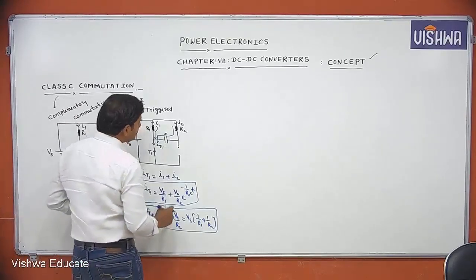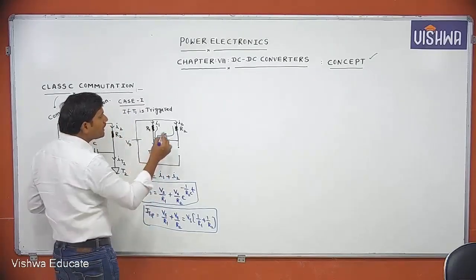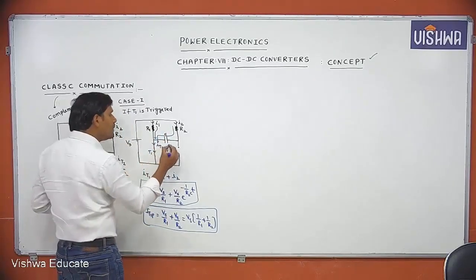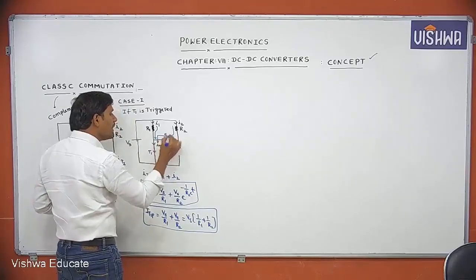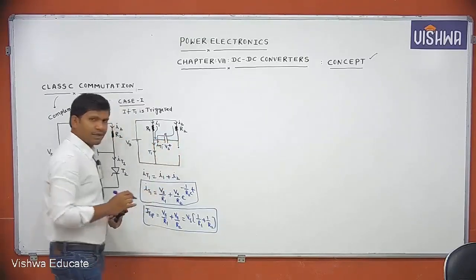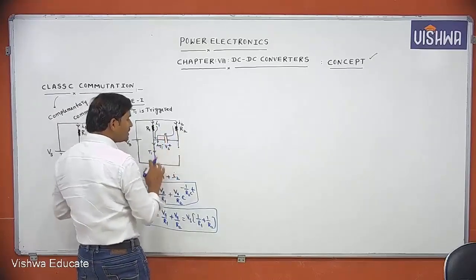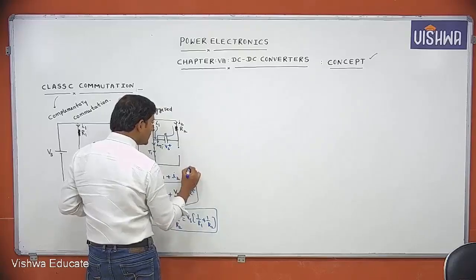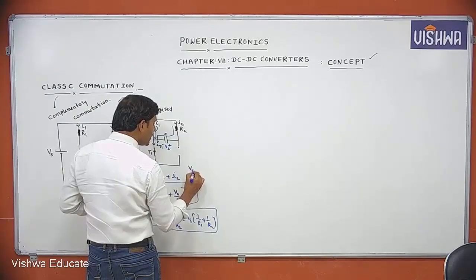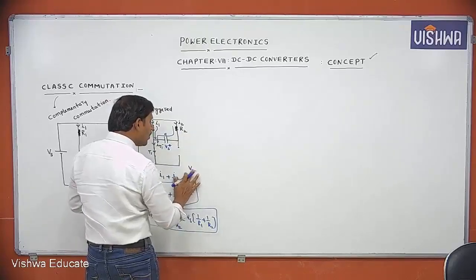Now, slowly the capacitor is charging with polarity positive, negative, Vs. The capacitor charges to a maximum voltage of Vs. In this case, the voltage across T2 is a positive voltage only.